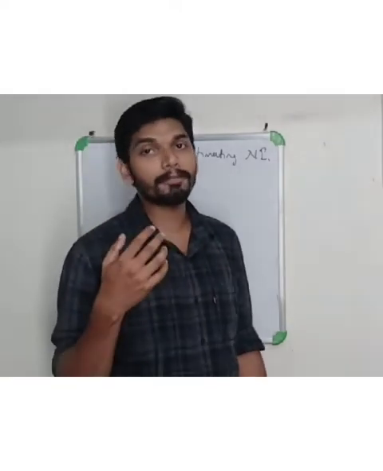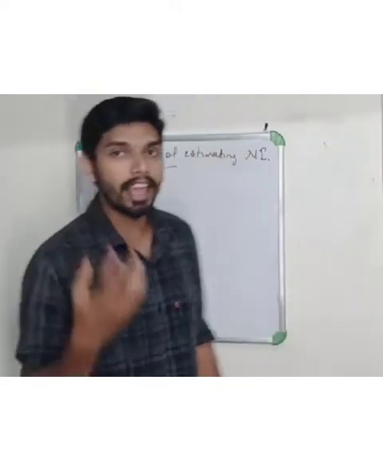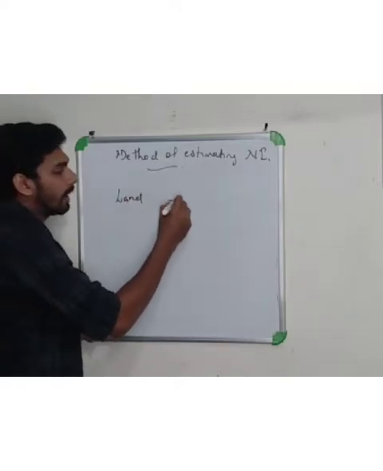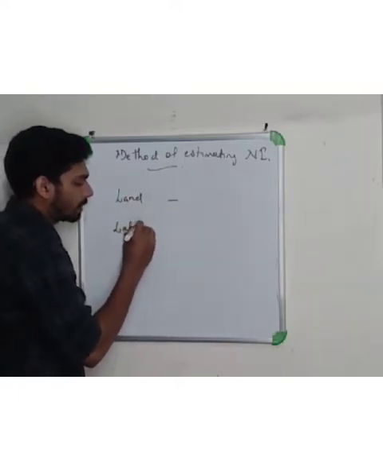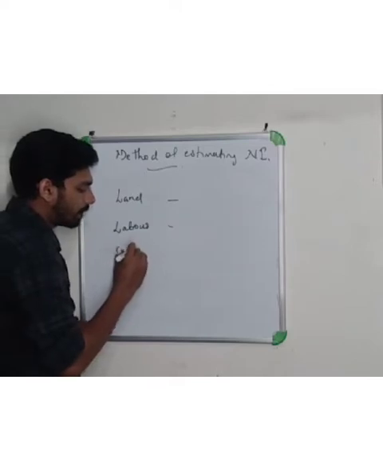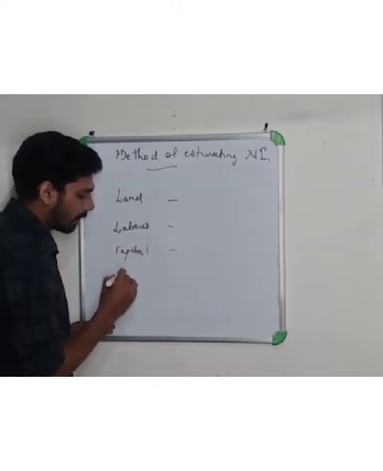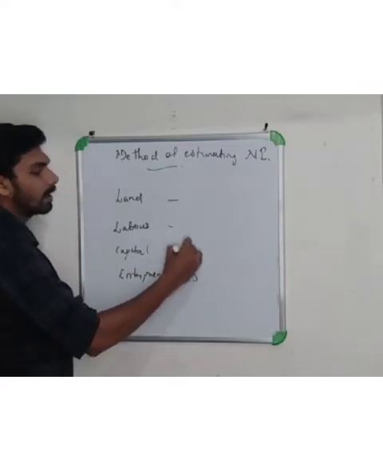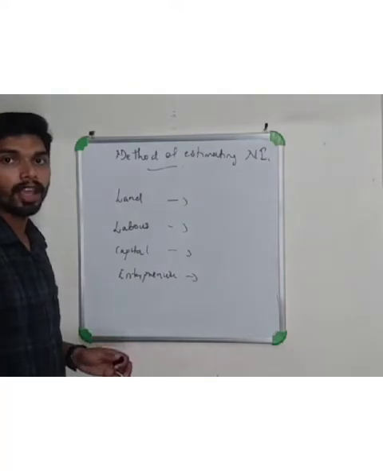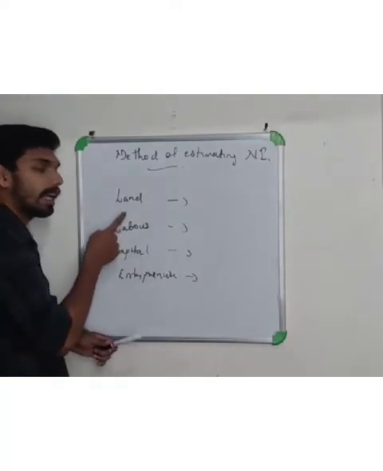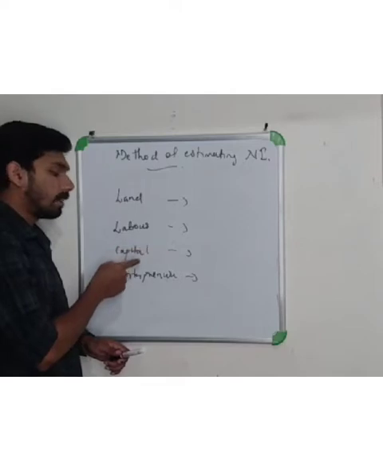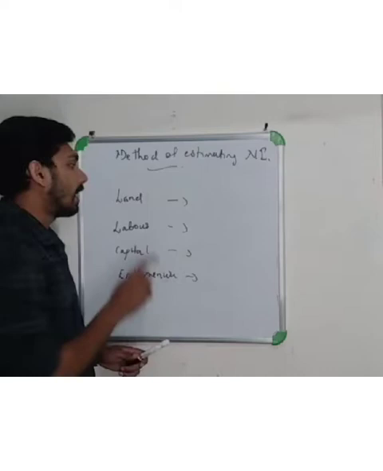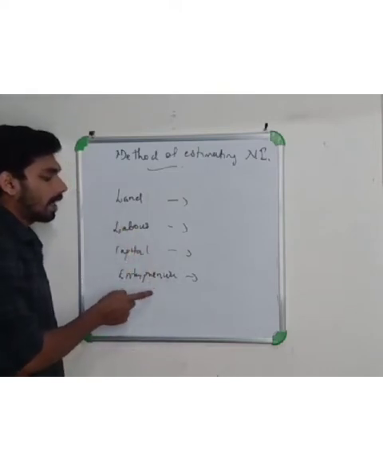The first one is land, second is labor, third is capital, and the fourth is the entrepreneur itself. Land, labor, capital, and the entrepreneur.